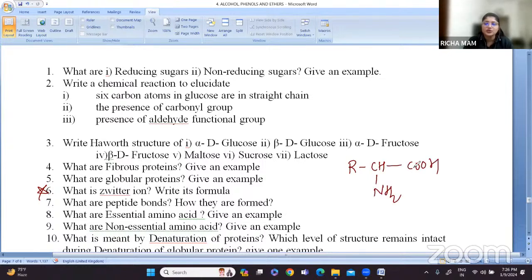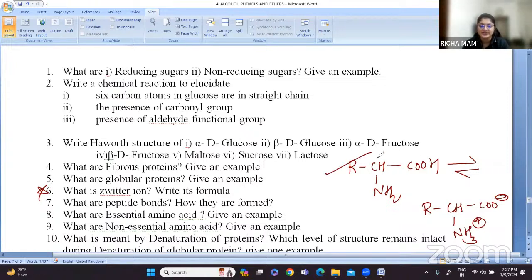When in aqueous solution the amino acid exists as a dipolar ion, it is represented as RCH, COO minus and NH3 plus. So this is the formula. The general formula for an alpha amino acid is this.